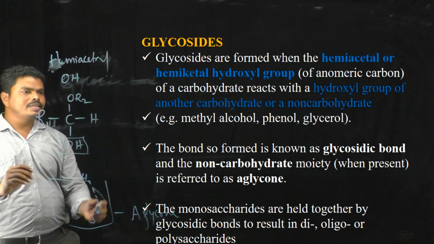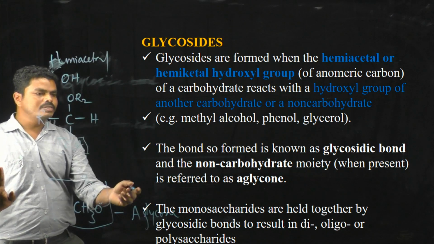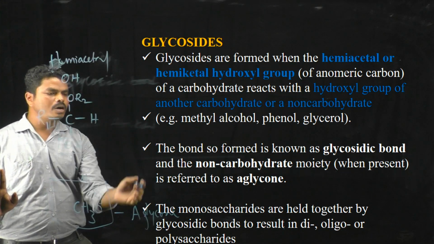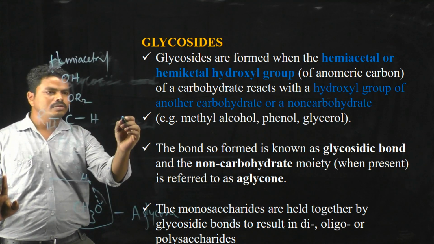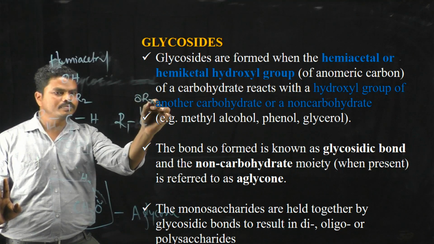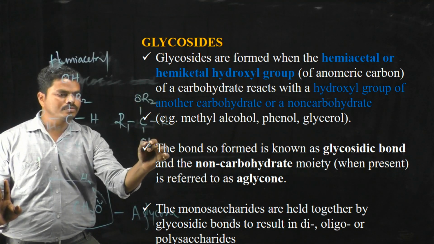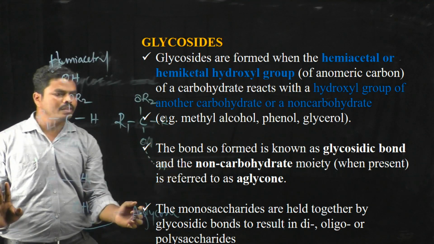And when the glycosidic bond is present between two carbohydrate moieties, for example monosaccharides, consider this one as one hemiacetal group.